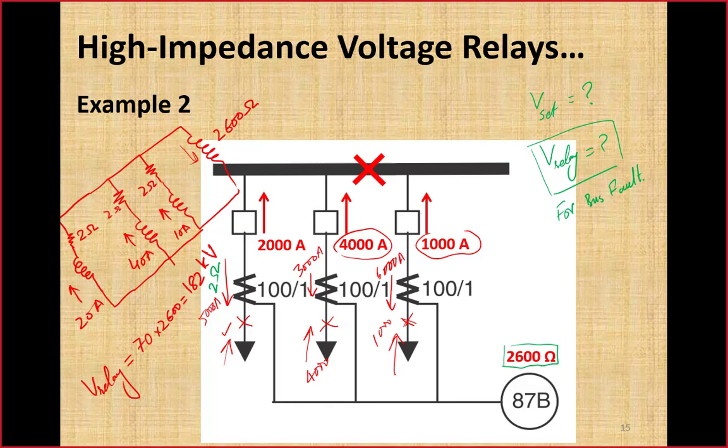Here if we assume fault in this first case, the CT primary is carrying 5000, in second case 3000, in third case 6000. So the situation is worst here for this CT current. If fault occurs here in this circuit just outside zone of protection, that is the worst case, that may produce the highest voltage across the relay.